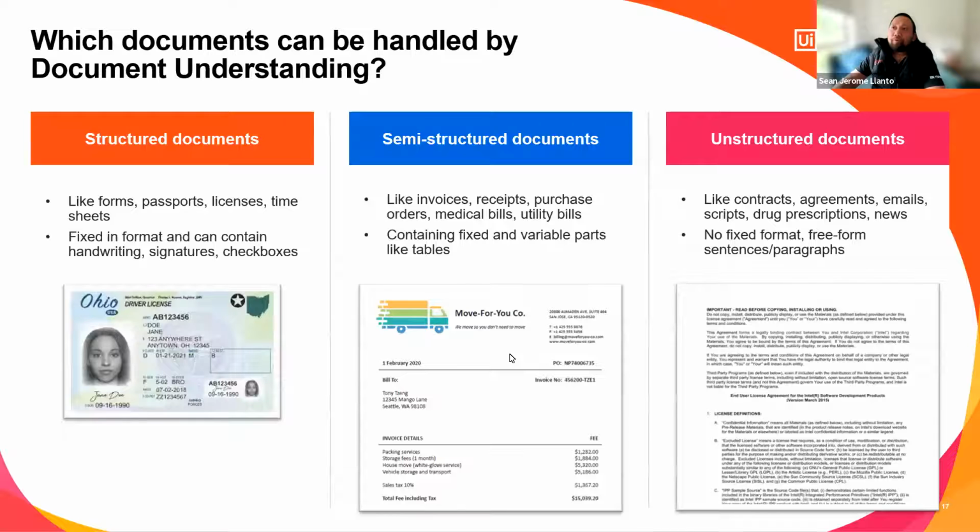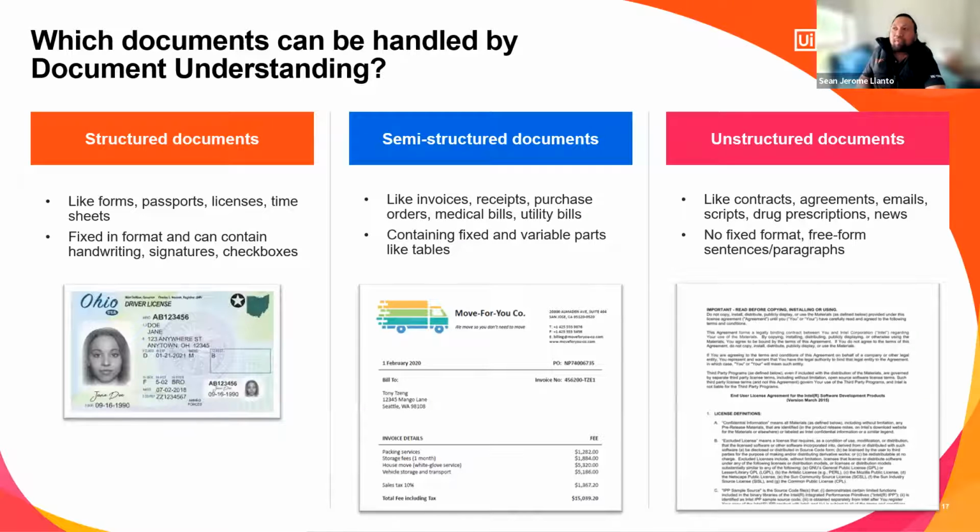Which types of documents are handled by document understanding? We have structured, semi-structured, and unstructured documents. The structured ones are normally not changing. They are fixed in format and can contain handwriting, signatures, or checkboxes. These are typically forms.